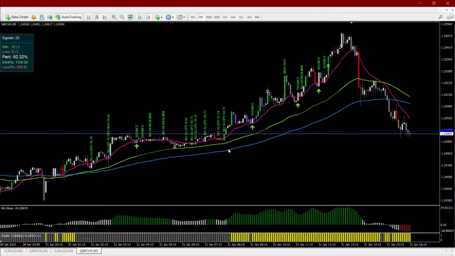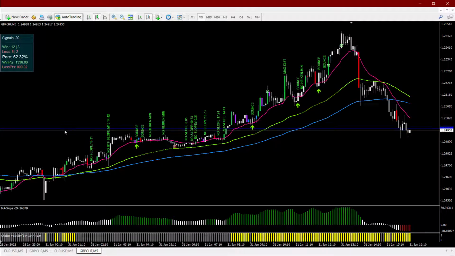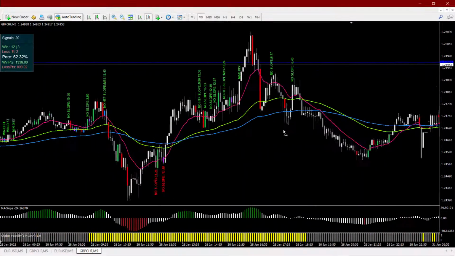But once price opens up like this, and if you see that this moving average slope is good and the volatility has increased, only then take these signals so that you get better chances.